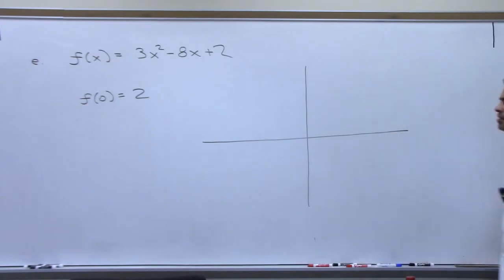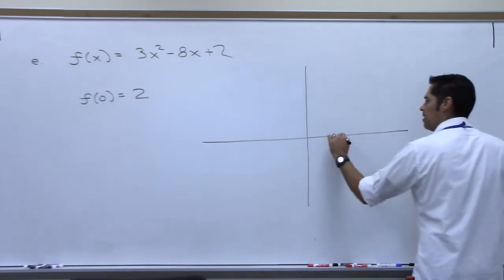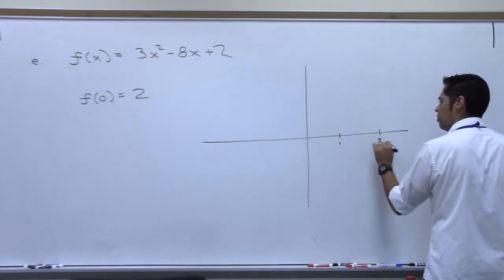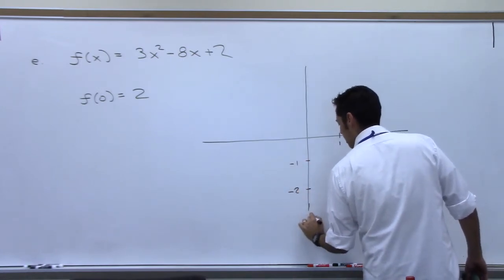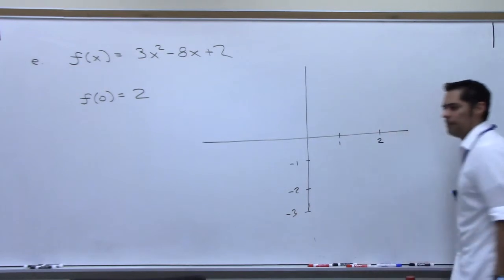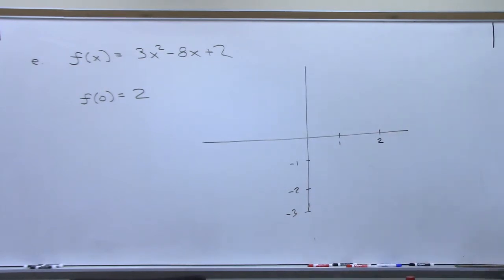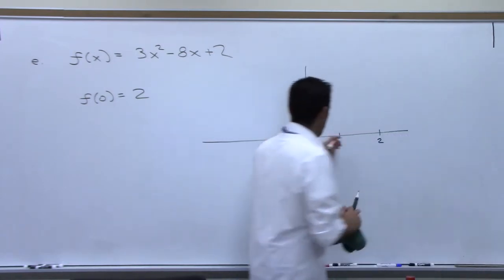Our vertex is at 1.33, negative 3.33, right? So let's say this is 1, say this is 2, say this is negative 1, this is negative 2, and this is negative 3, let's just say. Then our vertex, I'm going to graph our parabola in red, is at 1.33, which is about right here, right?